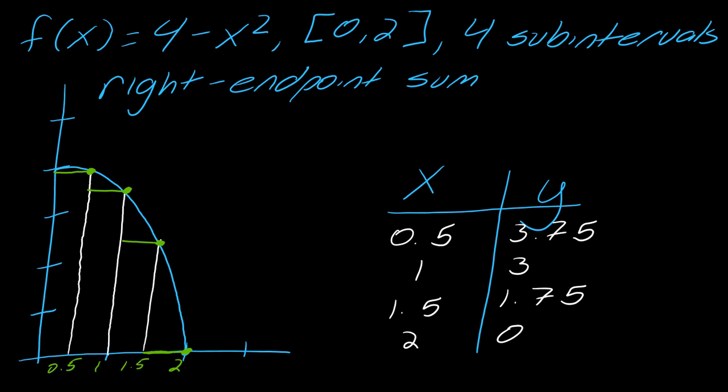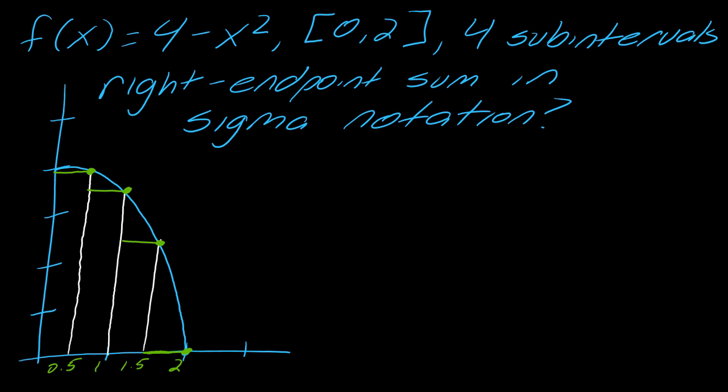And now what I want to do is actually do this right endpoint sum. But here's the thing I want to put in your mind. We're going to do the right endpoint sum, but eventually we want to represent it in sigma notation. So if we think about how the sum is calculated, I'm just taking the area of each one of these rectangles, right? The width of each rectangle is 0.5, and then I multiply that times the height.